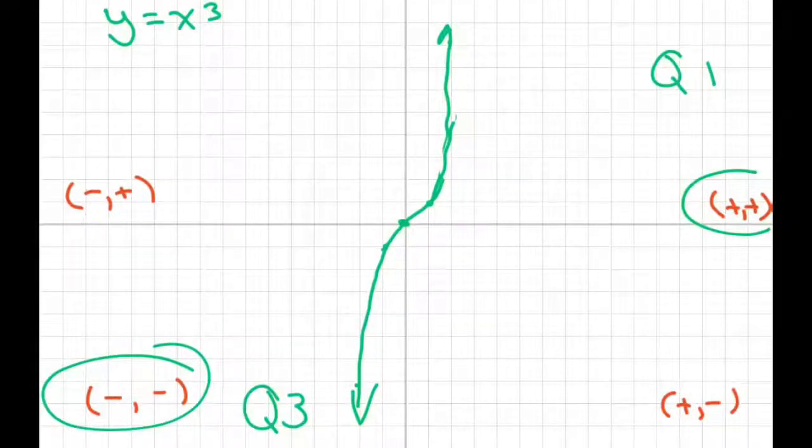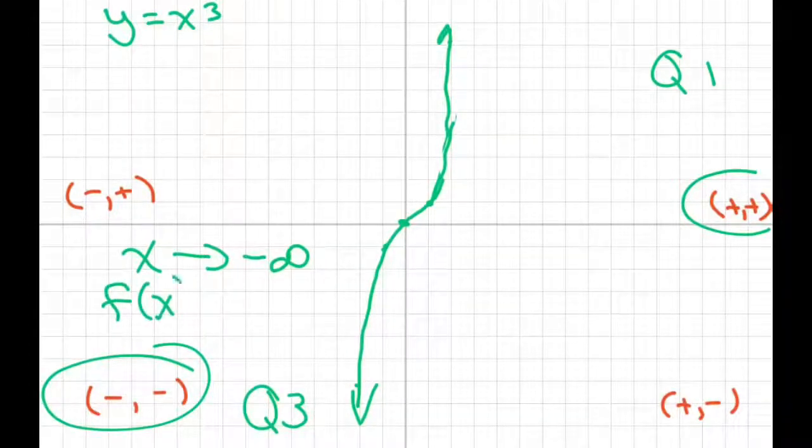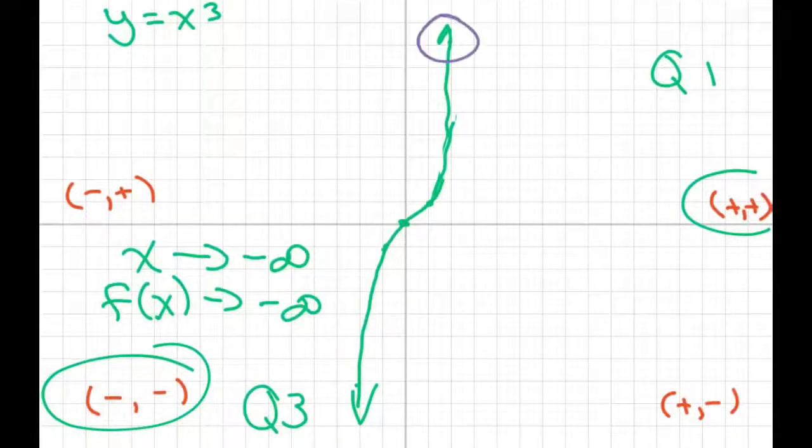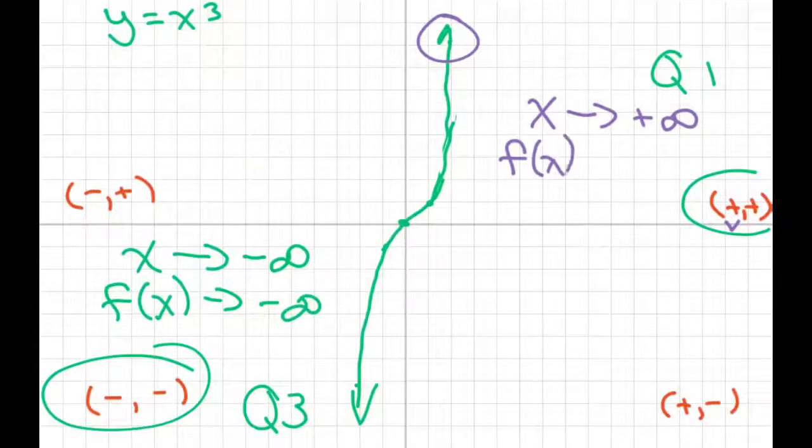These are both negative, so you write as x gets smaller and smaller, so does your y. And then for this piece here, because this is positive, as x tends to larger and larger numbers, so does your y, because that's positive.